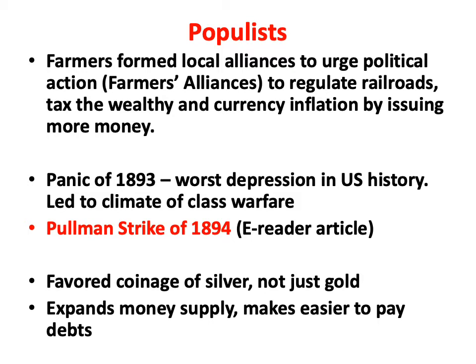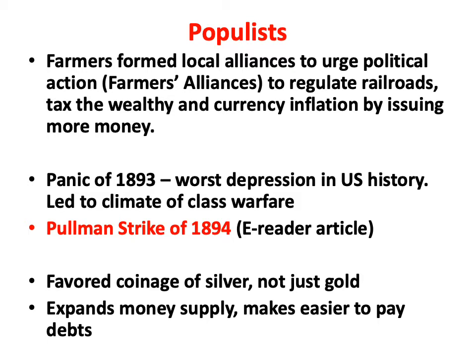And the populists favored changing the basis of the currency in the United States from gold to silver. At this period, and it changed later, and we'll talk about it later in the course, all currency was gold backed. So if it wasn't a physical gold dollar, let's say it was a dollar bill, the US government had a dollar in gold to back that up.